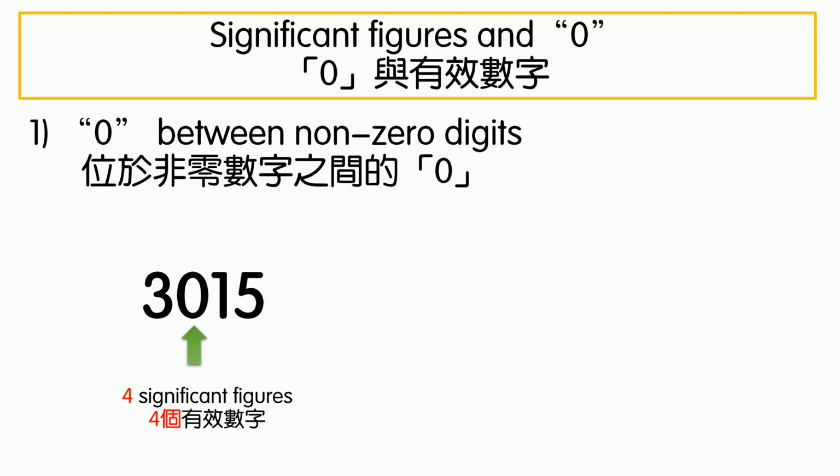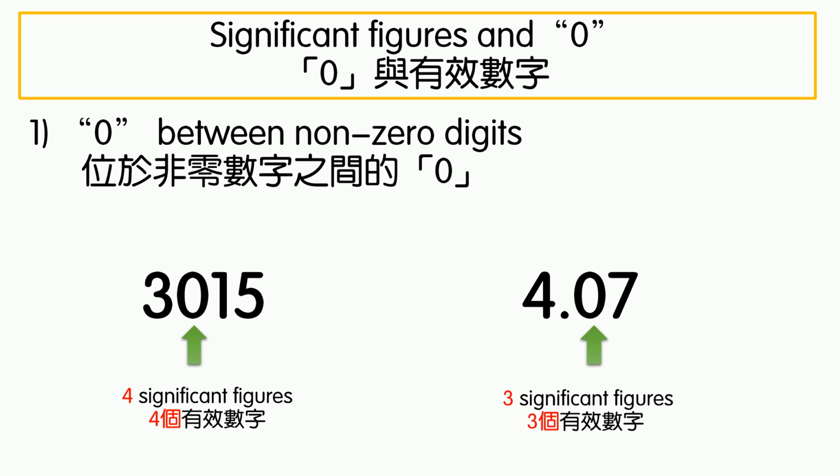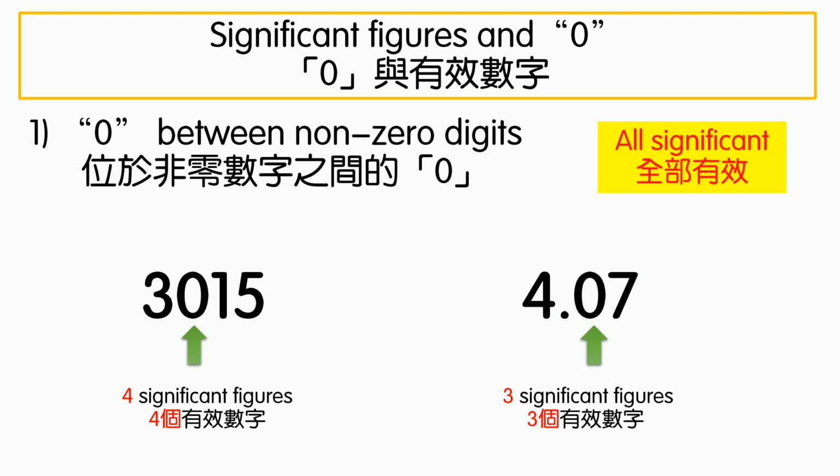Therefore, there are 4 significant figures. Similarly in this number, if we take these zeros away, you will change the value. So these zeros are significant. There are 3 significant figures. Remember that zeros between non-zero digits are significant.